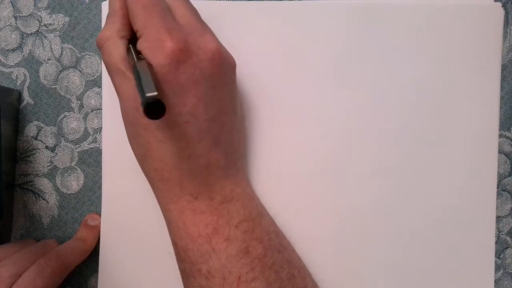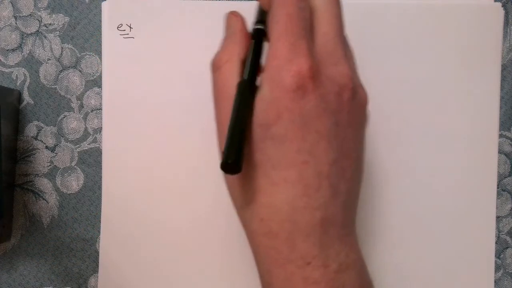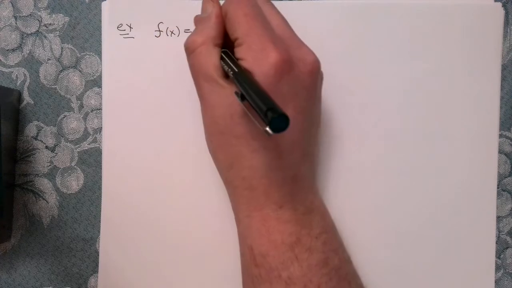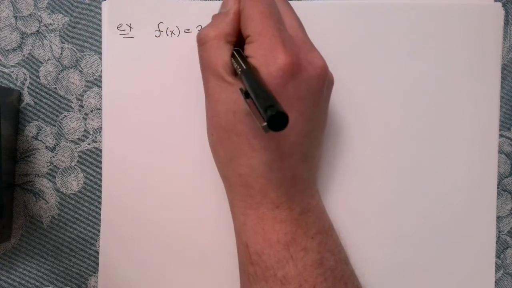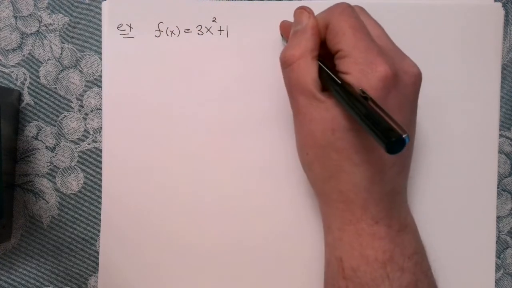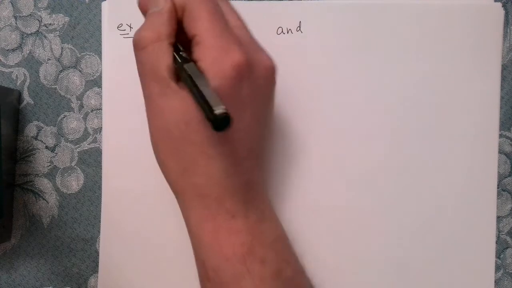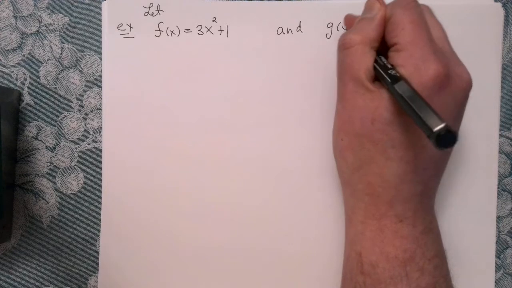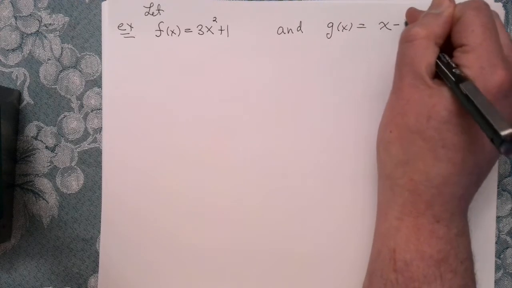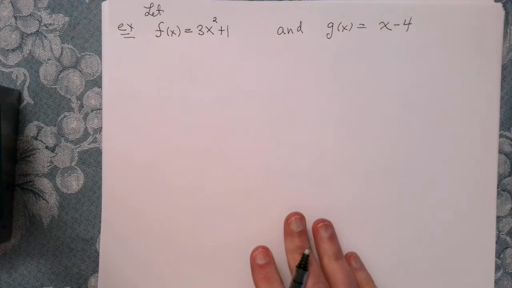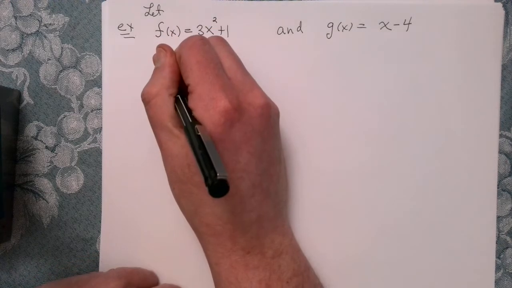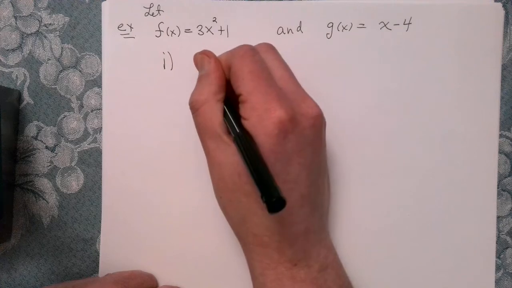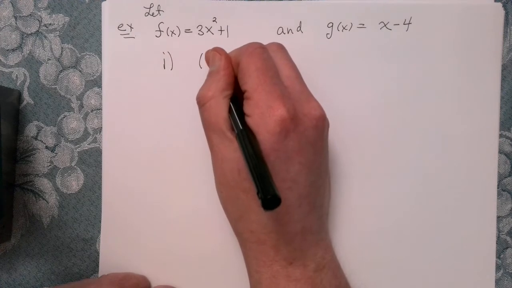Okay, so for example, let's say that f of x is equal to 3x squared plus 1. And let's say that g of x is equal to maybe x minus 4. Let's compute the following.